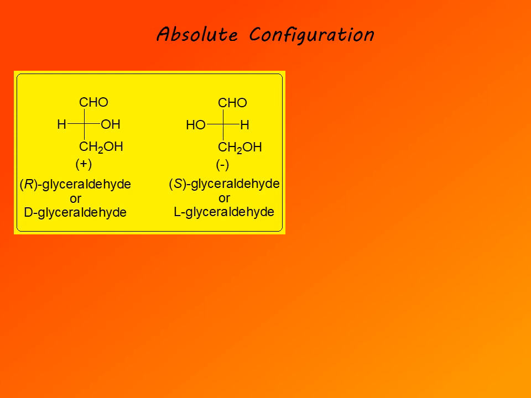So Rozanov basically made a guess. He designated glyceraldehyde where, in the Fischer projection, the OH group was on the right as D-glyceraldehyde, and the one where the OH group was on the left as L-glyceraldehyde.